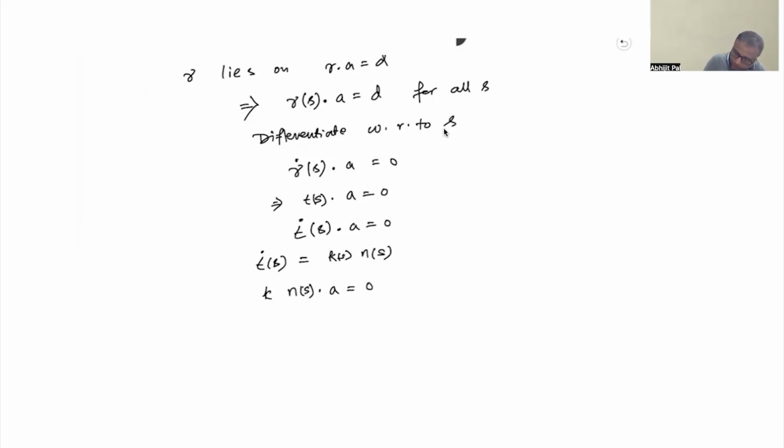Now since kappa s is not equal to 0, this implies that N s dot a is equal to 0 for all s.